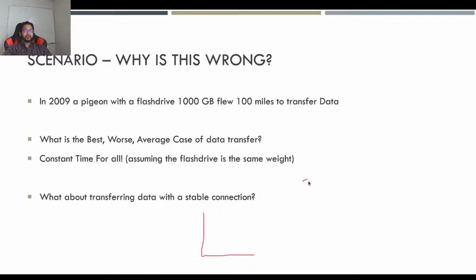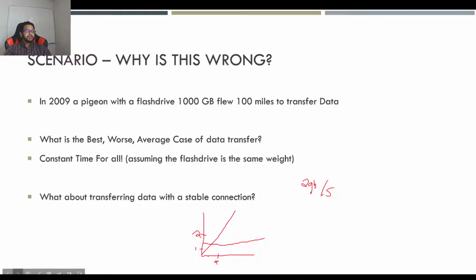So if we had 2 gigabytes per second, well, we can see that that would be linear time, because for 2 gigabytes, it would take 1 second. For 4 gigabytes, it would take 2 seconds, and so on and so forth. However, for the pigeon, whatever the constant time is, it would always be that same time.